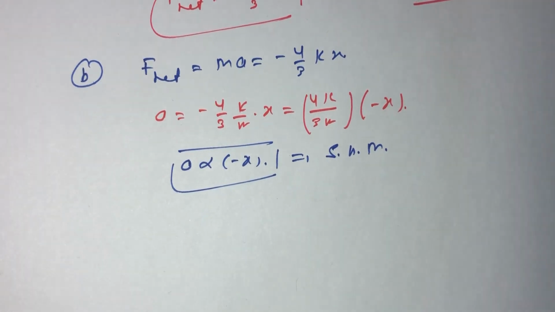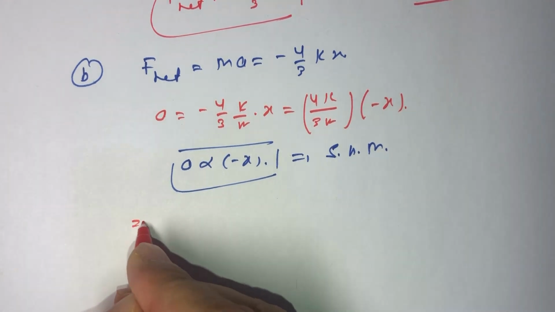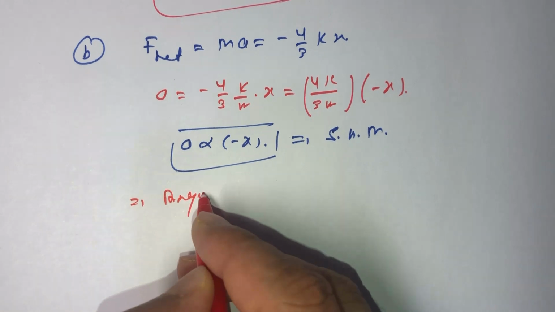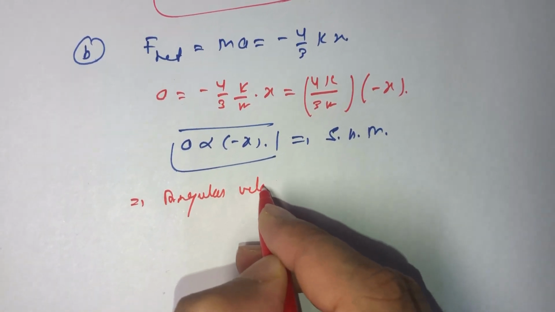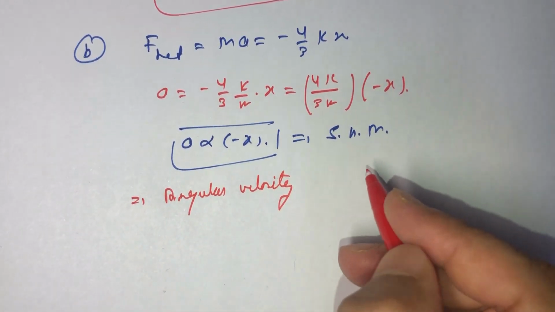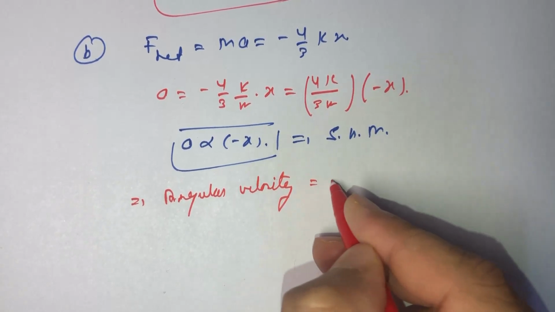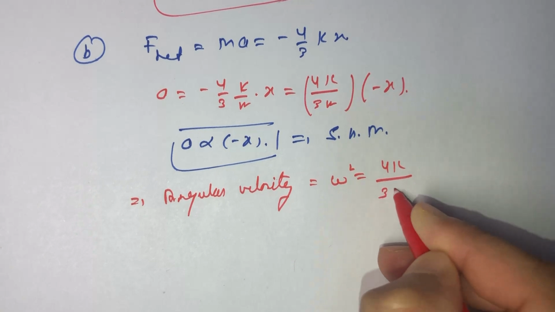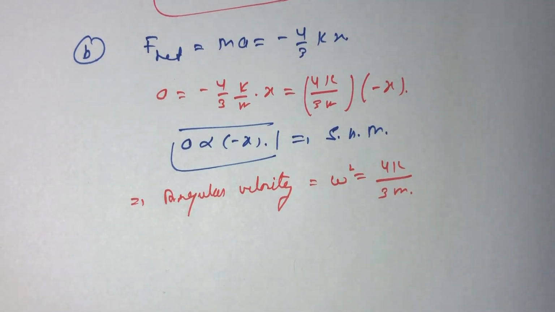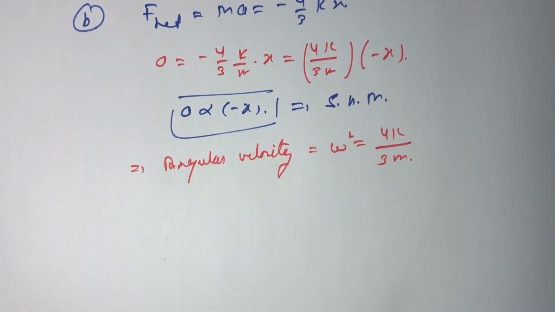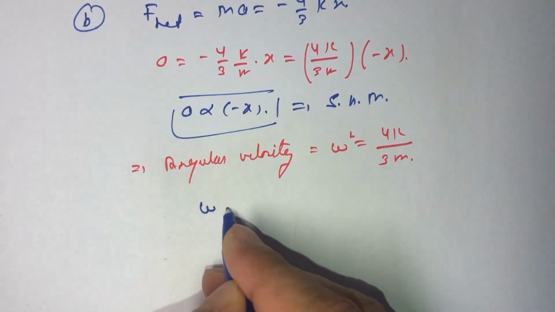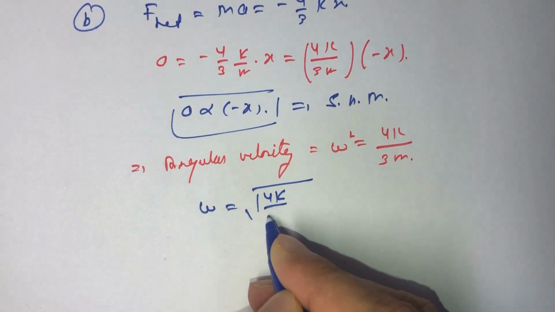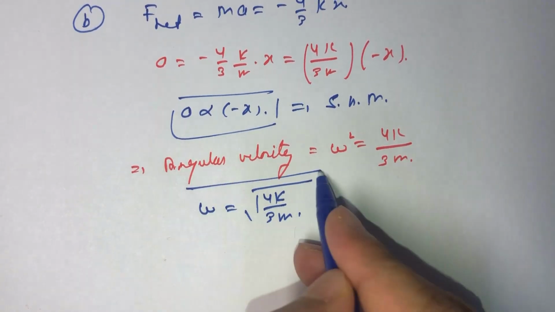Therefore, we can write that the angular velocity omega square will be equal to 4k divided by 3m, which gives omega equal to the square root of 4k divided by 3m.